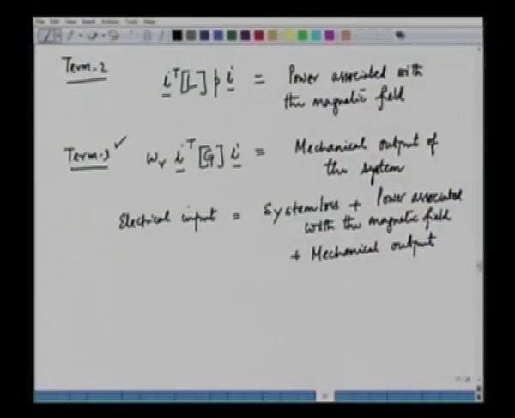Okay. So we can say here that the P mechanical is equal to omega r I transpose G I, and then that's equal to the torque into the speed. So we can say that that's equal to the electromagnetic torque coming out of the shaft of the machine, Te into omega Rm.